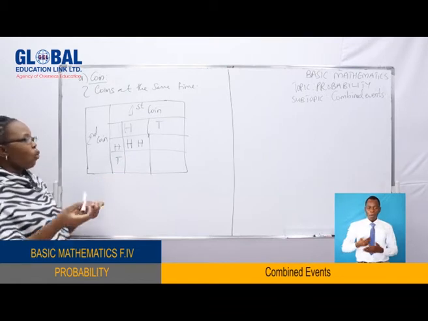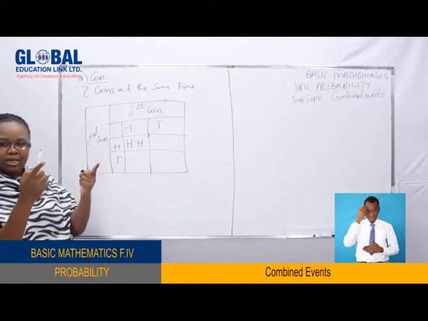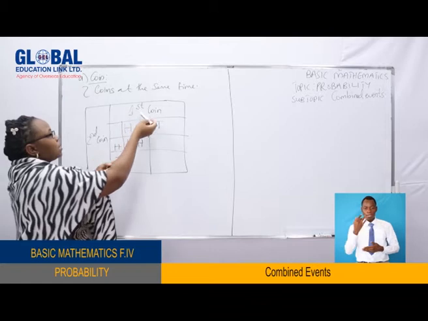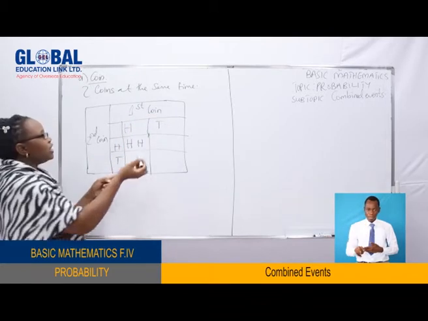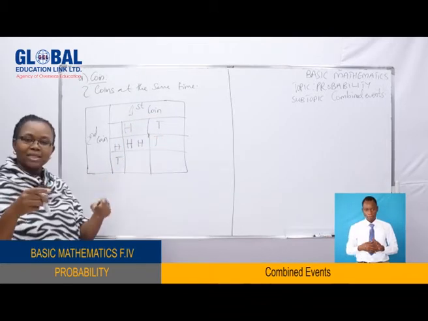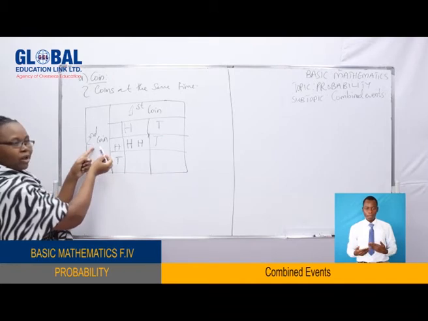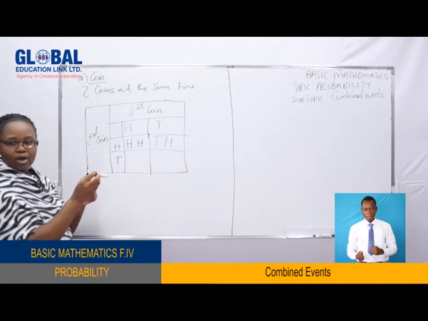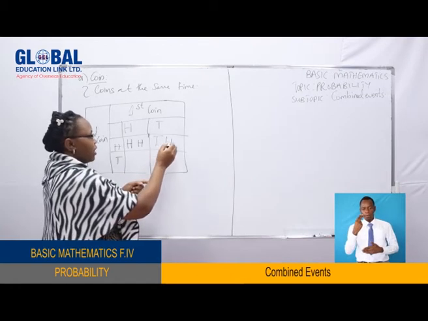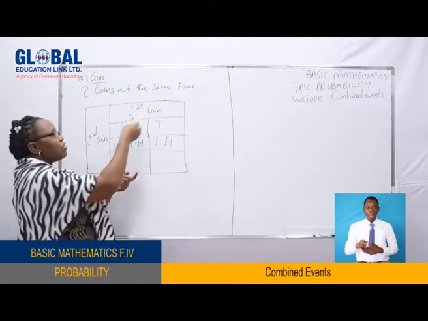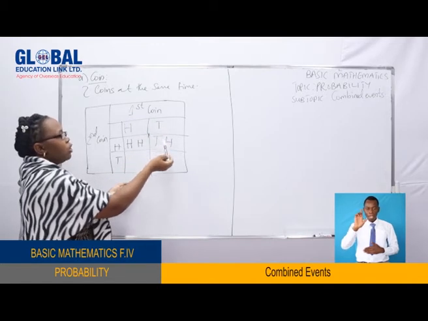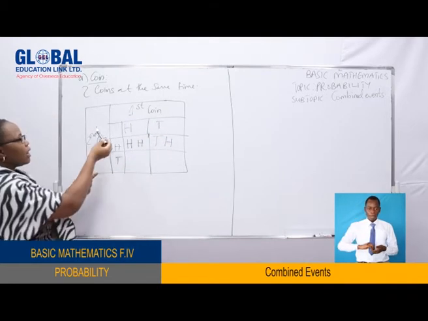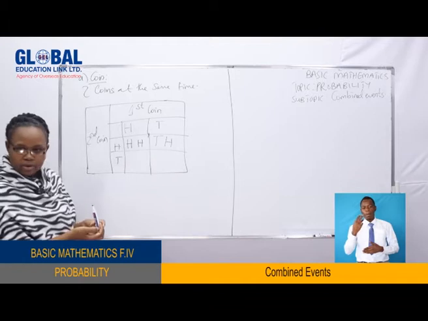Or when you throw the coins together, the first coin may show tail, but the second one, which is this one, may still show head, because this is the outcome.